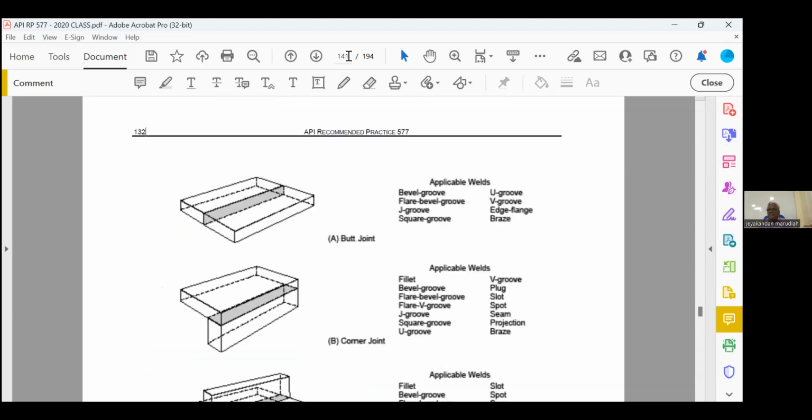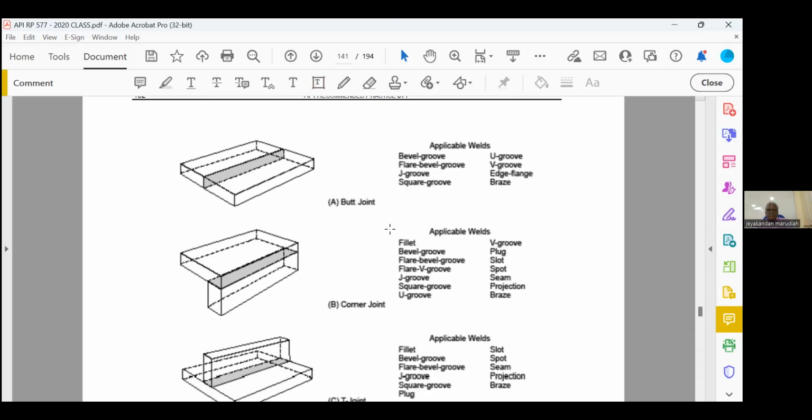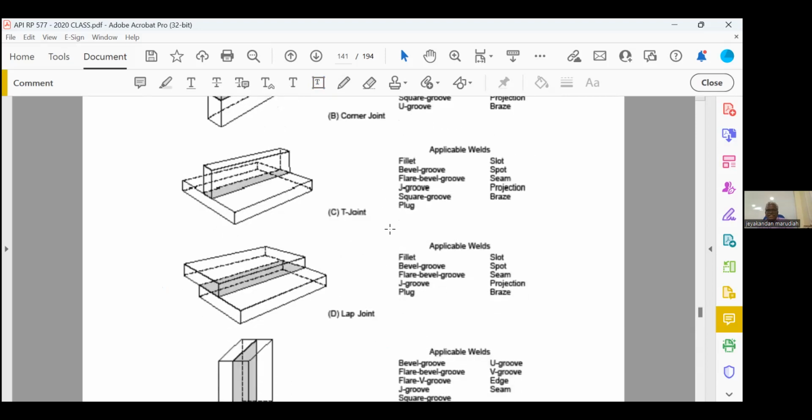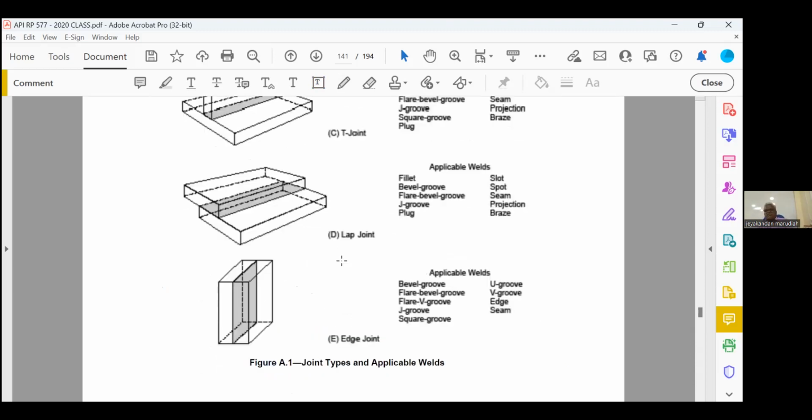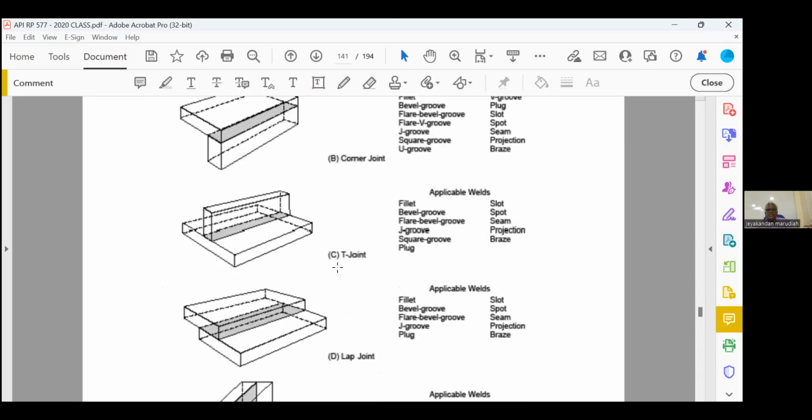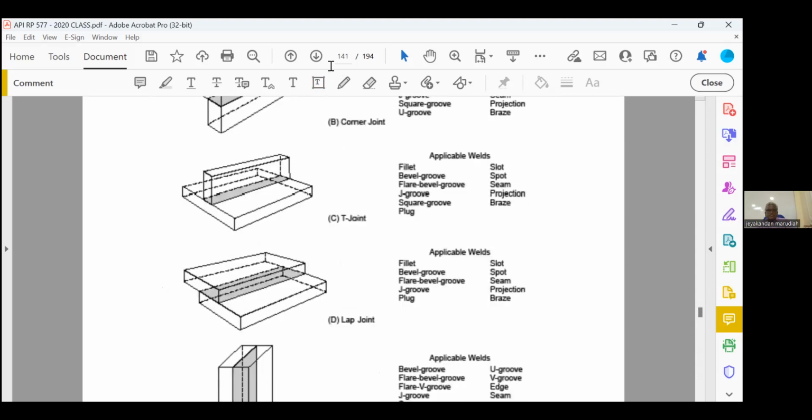Annexure A. See, we have 5 types of joints as per AWS. What are the types of joints? Butt joint, corner joint, T joint, lap joint, and the edge joint. These joints we have to remember. These are the 5 types of joints: butt joint, corner joint, T joint, lap joint, and the edge joint.